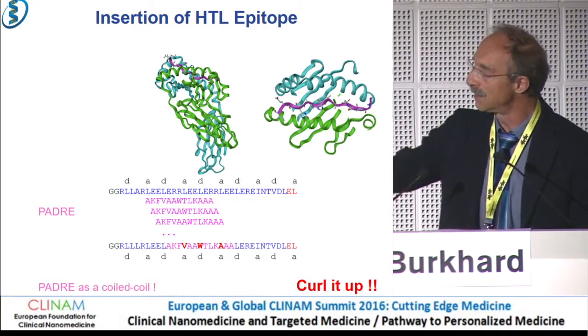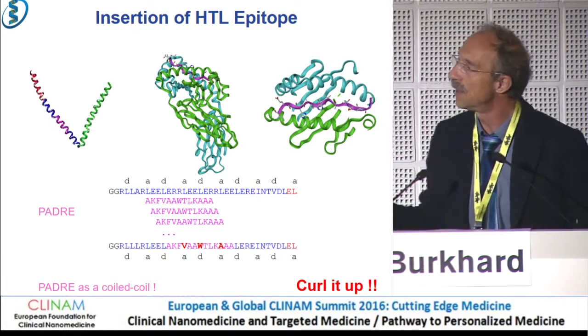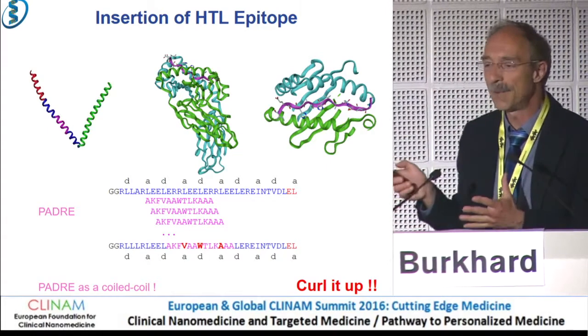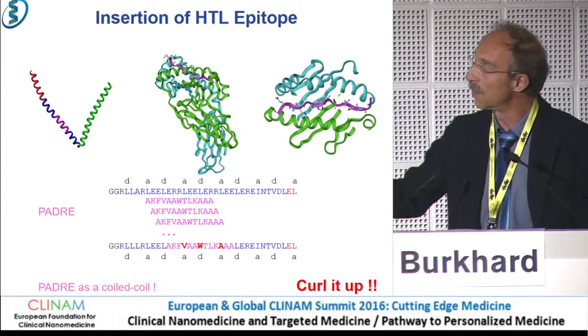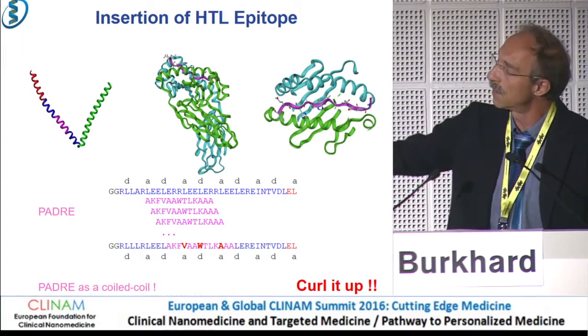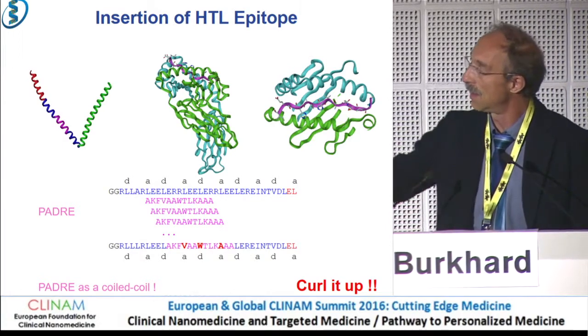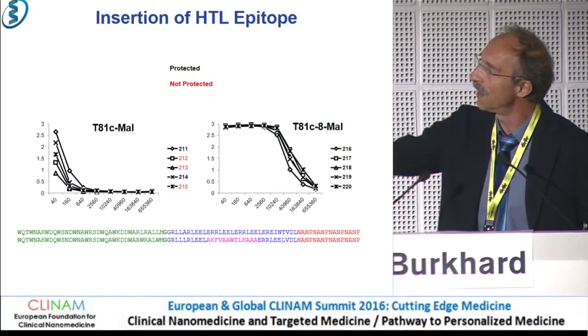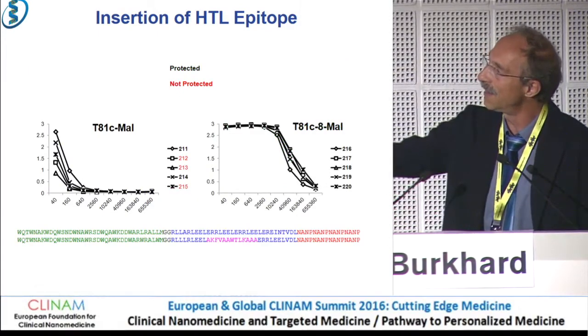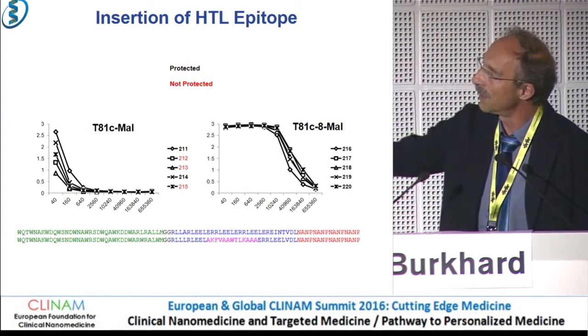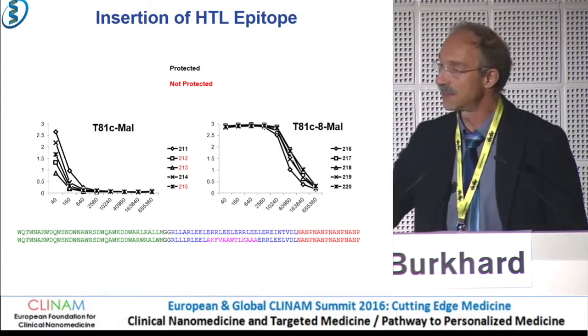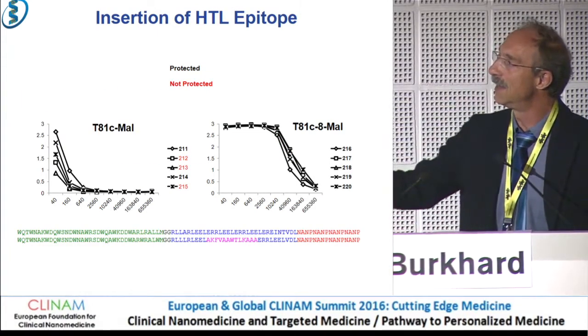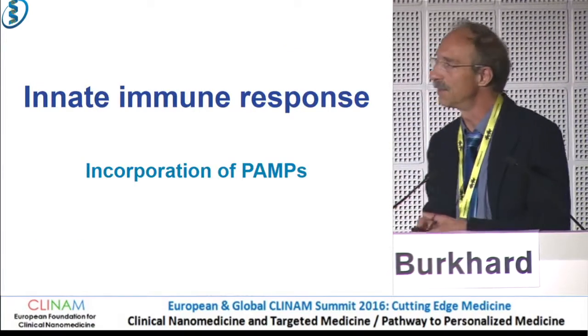So if you glide it along that repeat, you might be able to find a pattern that allows you to incorporate the T-cell epitope into the core and make it helical. So that's the immune response. On the left side, you see without T-cell help. On the right-hand side, with T-cell help. Actually, this is an ELISA, and you can see it's a huge improvement of the immune response.